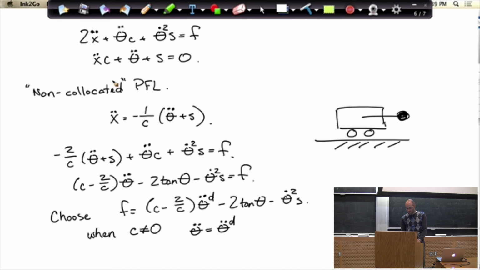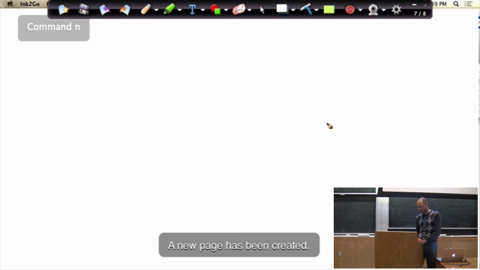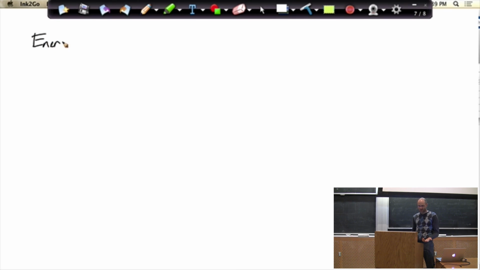All right, so now we have a recipe for doing energy shaping of the pendulum with our controller even being at the cart, right? The first idea would be to do non-collocated partial feedback linearization and just choose this.